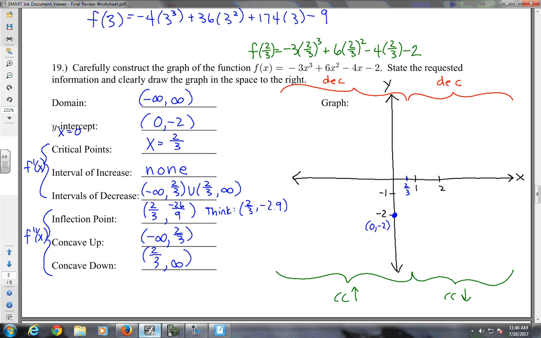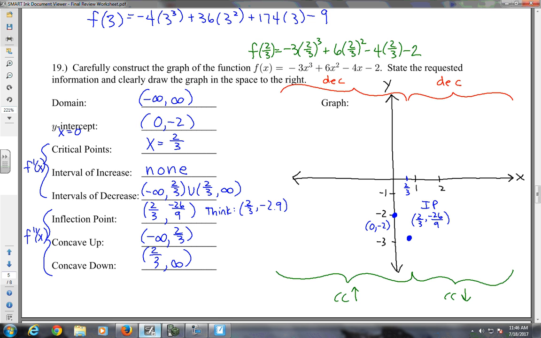Okay, so let's come over to our graph. And 2/3, negative 2.9 is about right here. I'm going to label it exactly, locate it approximately. This is my inflection point.